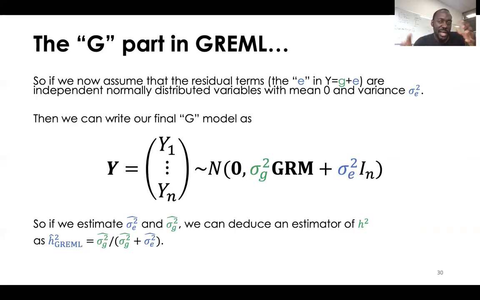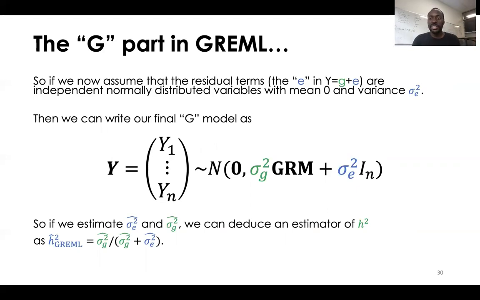And by combining all these assumptions together, we can write that the vector of phenotypes, which is the sum of G plus E, right? So this vector of all phenotypes, which we observe, Y bold, is a vector of things we can observe. And so what we're saying is that the distribution of that vector is a multivariate normal distribution with a mean 0, which is fair.